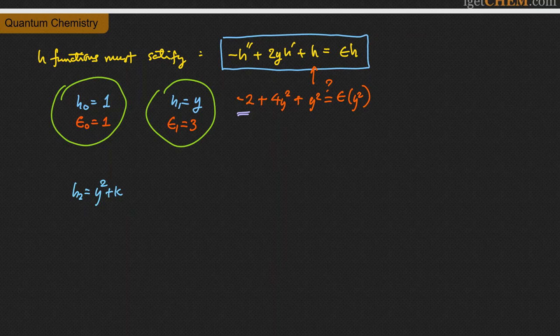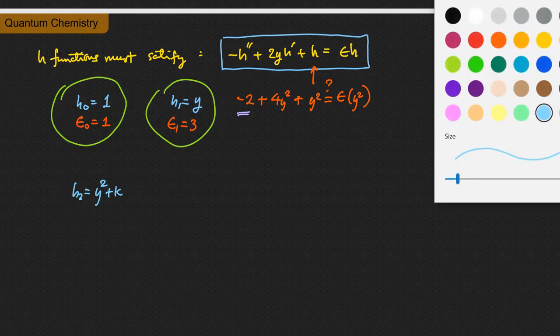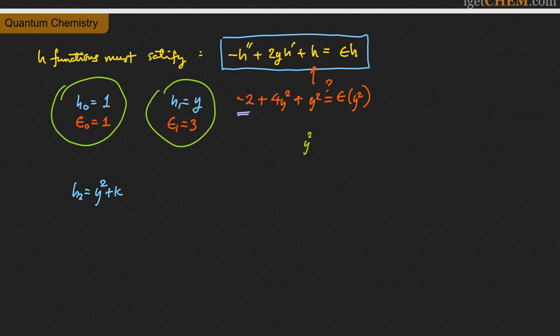Instead of y squared, if you have added a k, then this would come out to be y squared plus k. But it would not have changed h prime and h double prime, because the constant k will differentiate out to be 0. So those two terms would have remained absolutely the same. But the right-hand side would have been y squared plus k.